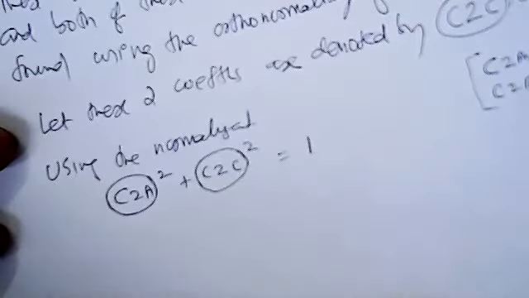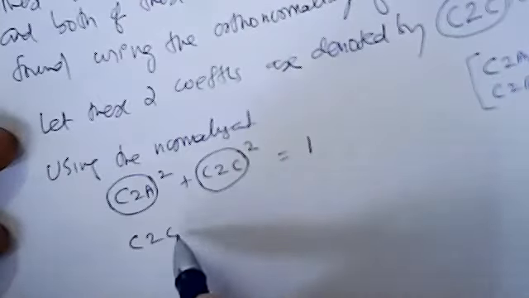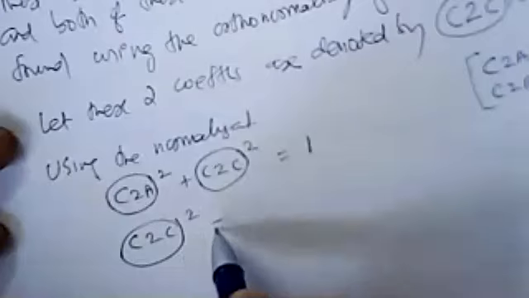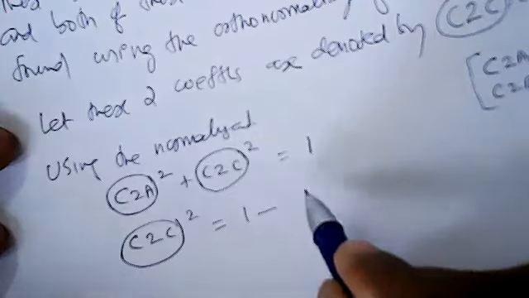So what is C2C? C2C square equals 1 minus C2A square.